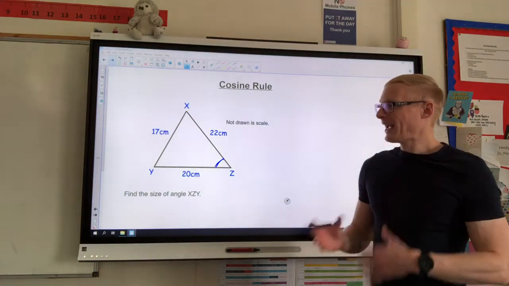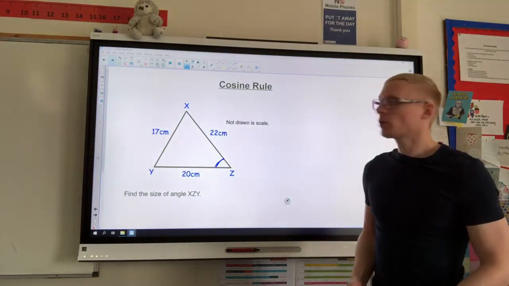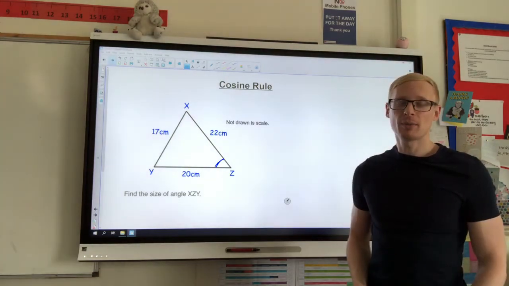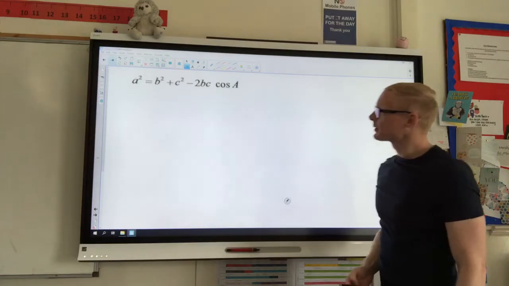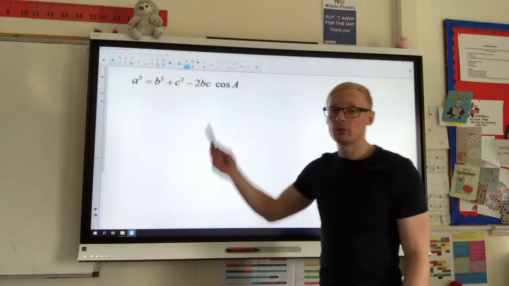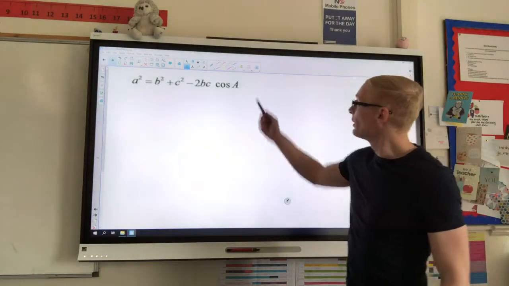Before I get into how to do this, yes, we use the cosine rule, but we need to rearrange it first to make the angle the subject. So this is the cosine rule. I want to rearrange this formula to make cos A the subject.